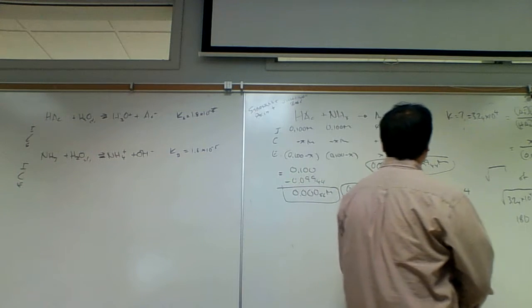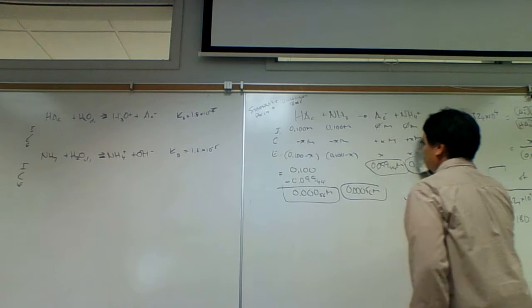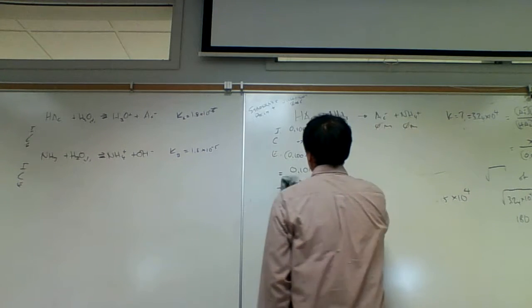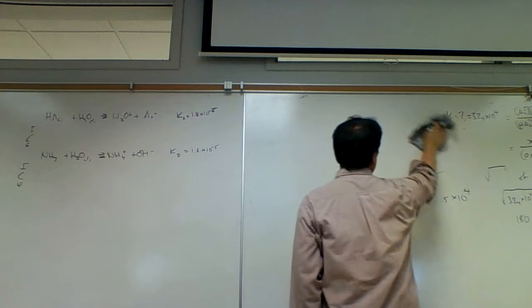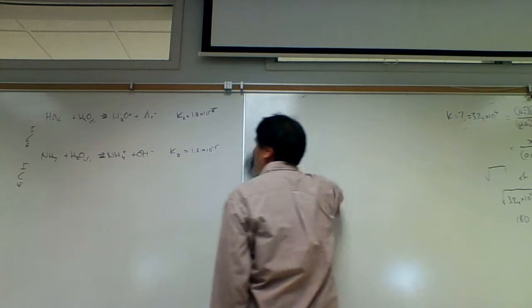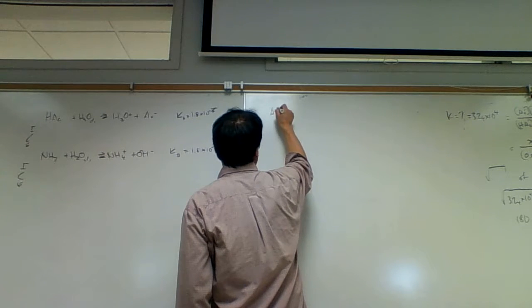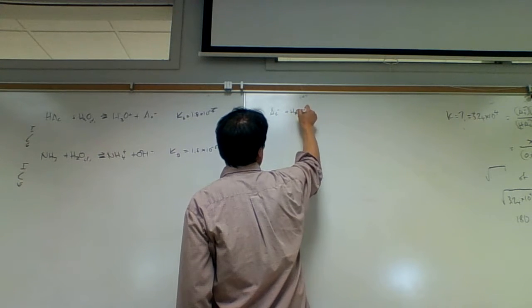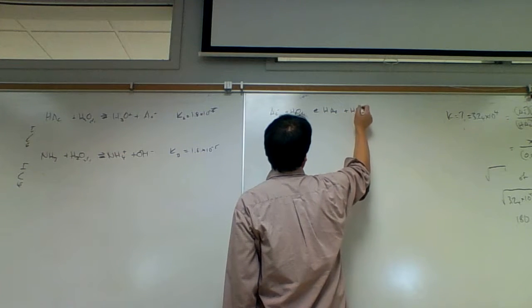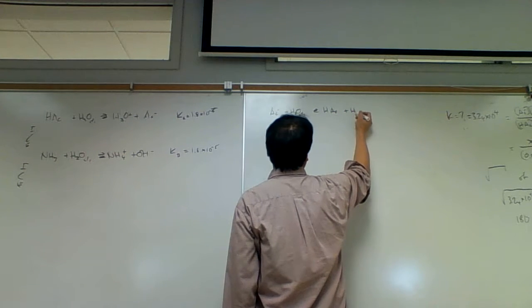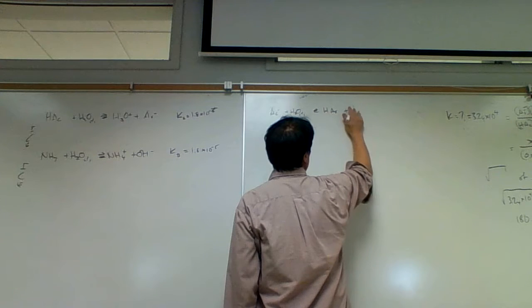Then I have some acetate and some ammonium present. And so the acetate plus water yields acetic acid and hydroxide.